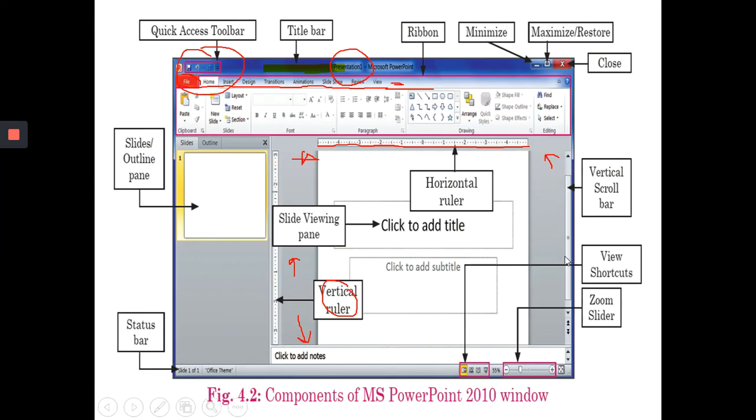This is the vertical scroll bar and this is the horizontal scroll bar. Then next, this is a zoom slider at present, using which we can zoom in and zoom out. Okay, and at this area the horizontal scroll bar will also be present. Clear?